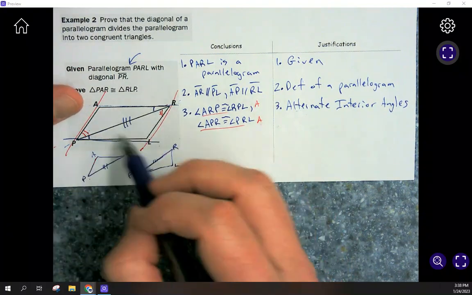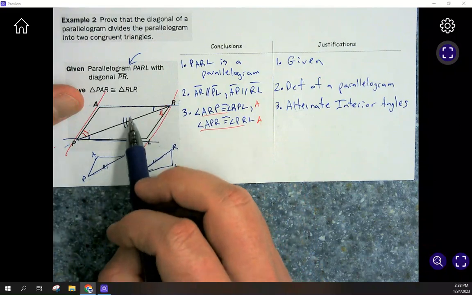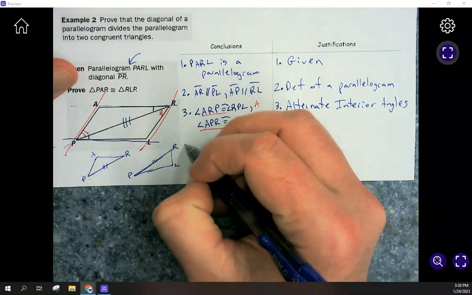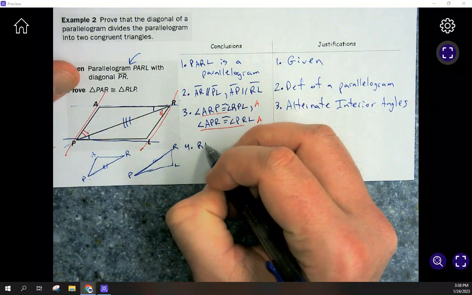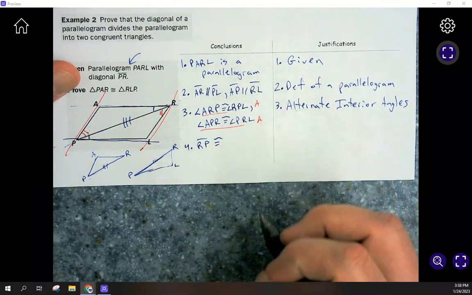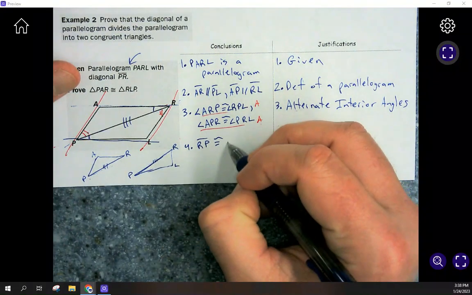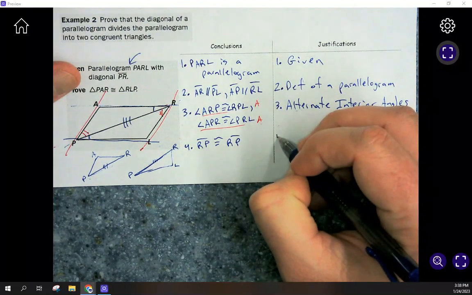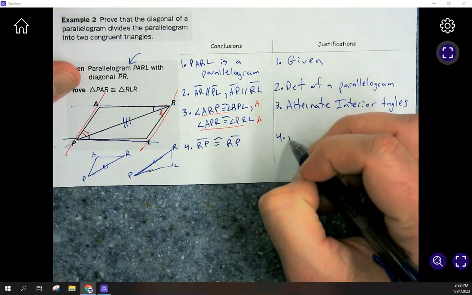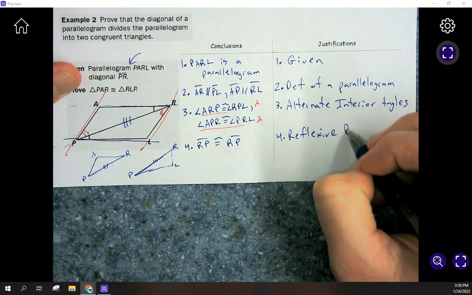So if you separate it, you can see it's the same line. So they're sharing it, so we're allowed to use that in our proof. So I'm just going to state that RP is congruent to RP, once from this triangle, once from this triangle. That's your reflexive property. Anything is equal to itself.